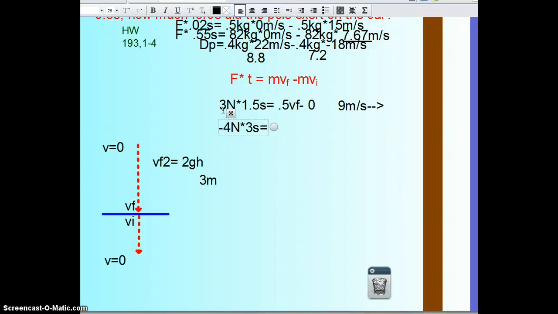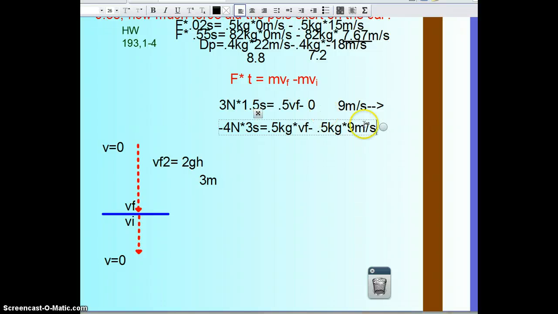So again, 0.5 kilograms times VF, minus, in this case, now we have initial velocity because we found it from the problem, because the ball is rolling and then we kicked it the other way. So 0.5 kilograms times 9 meters per second.